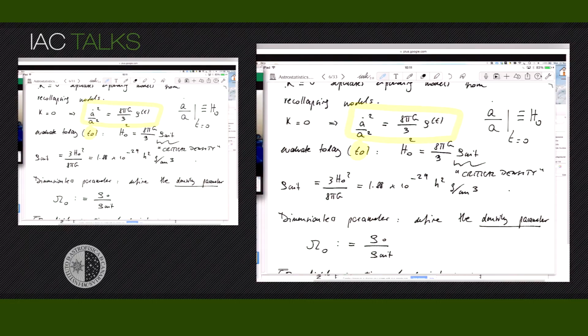Then we see that h squared is equal to 8 pi g over 3 times rho critical, the so-called critical density, which is rho today, such that the universe has k equals 0, it's a flat universe. So rho critical is defined like this.